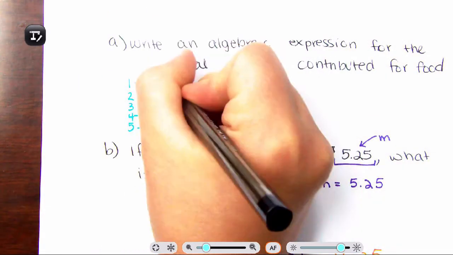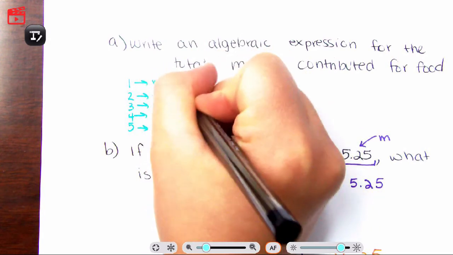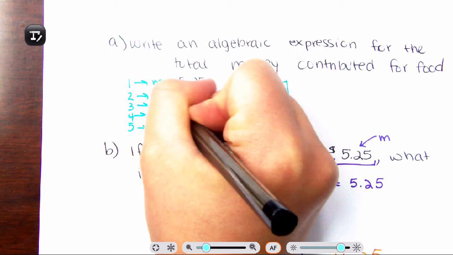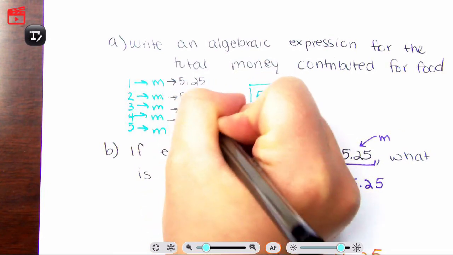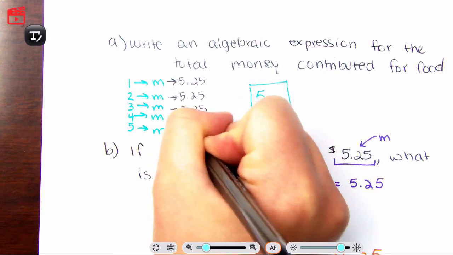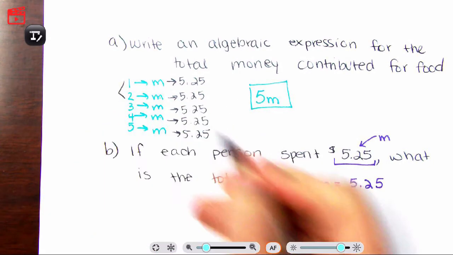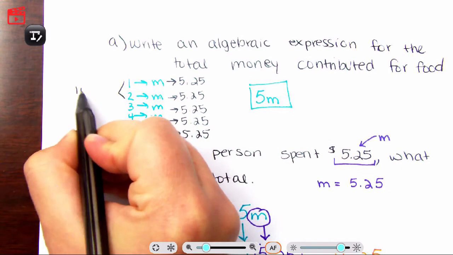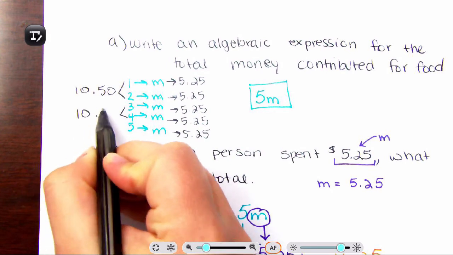Let's go back to this right here. Each person is now giving you $5.25. So 2 people now have contributed $10.50. 2 people have contributed $10.50.